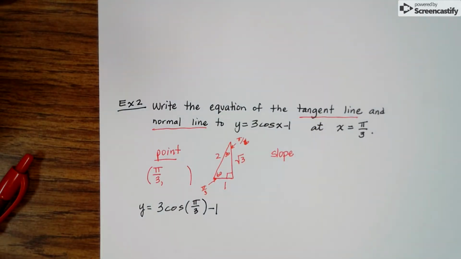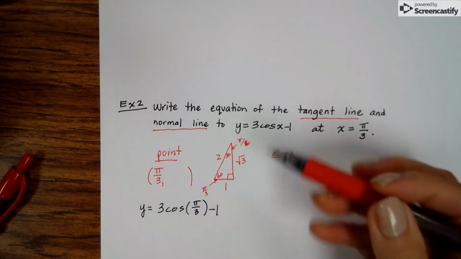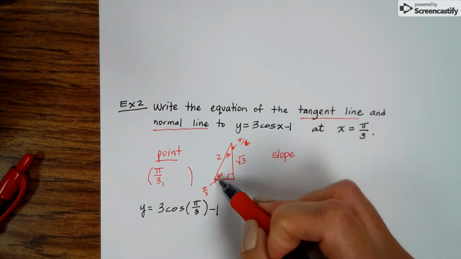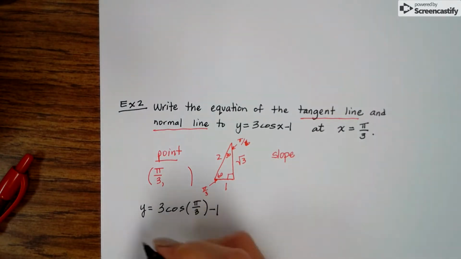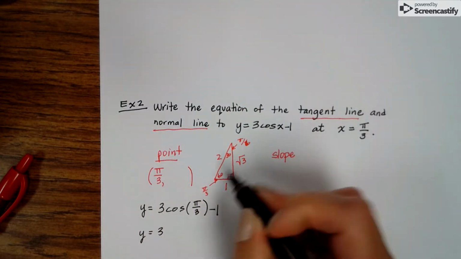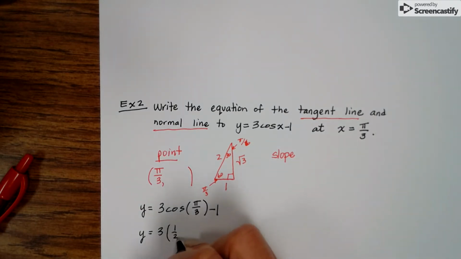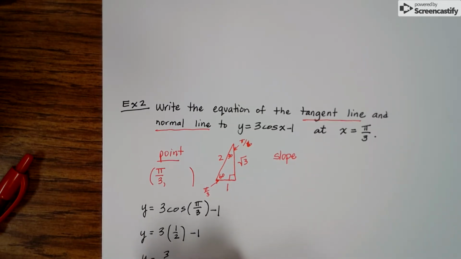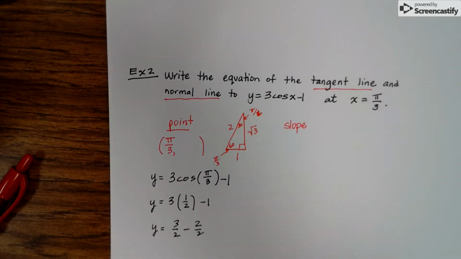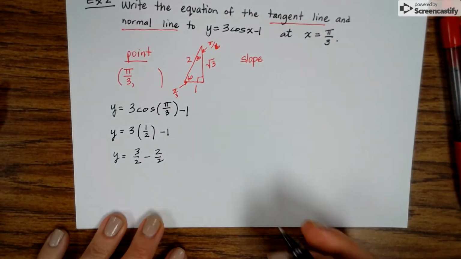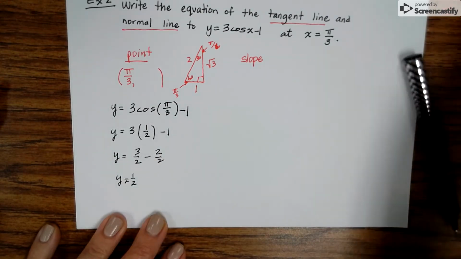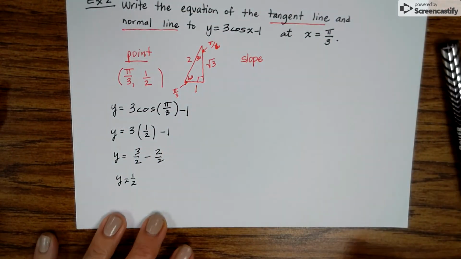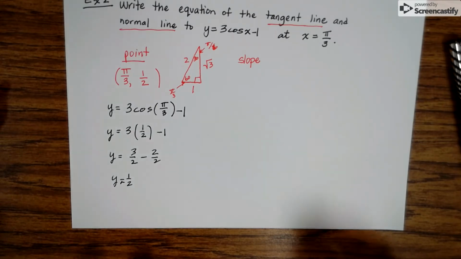This one's the pi over 3, this one's the pi over 6. The cosine of pi over 3, or 60 degrees, is the adjacent side over the hypotenuse. So that means that the cosine of pi over 3 is 1/2. And so here I get y equals 3/2 minus 2/2. So I get an output of 1/2. So I'm going to put 1/2 right here.